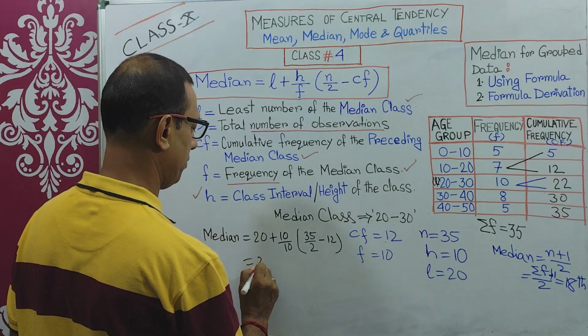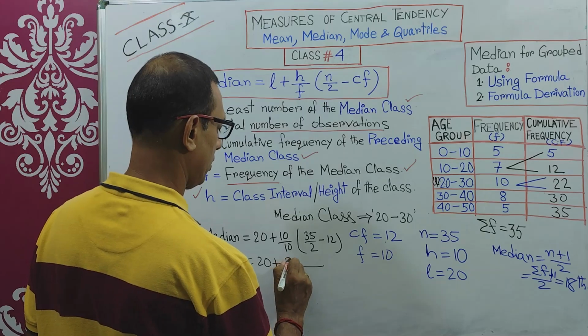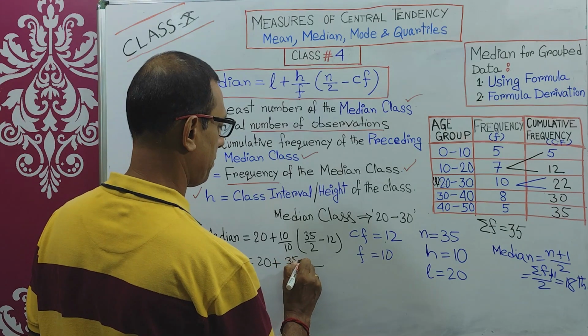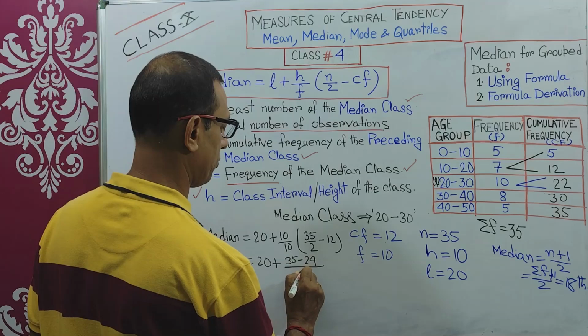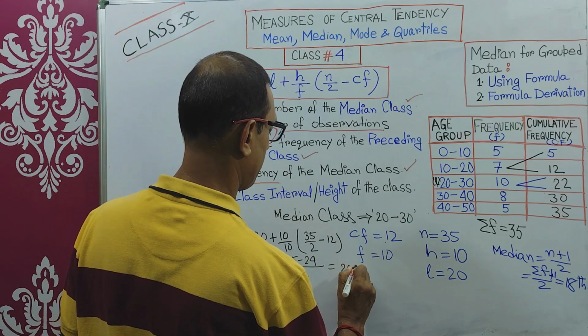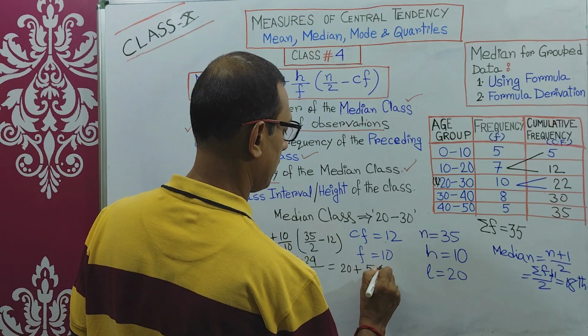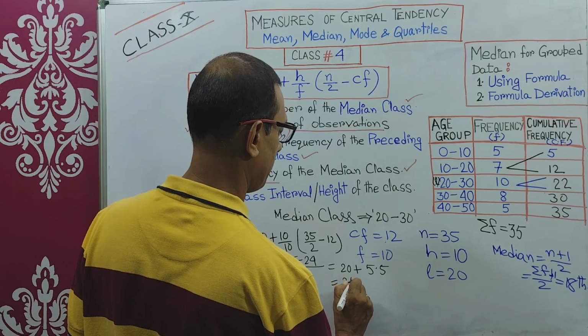So the value will be 20 plus (35 by 2 minus 12), which is 20 plus 5.5, that is 25.5.